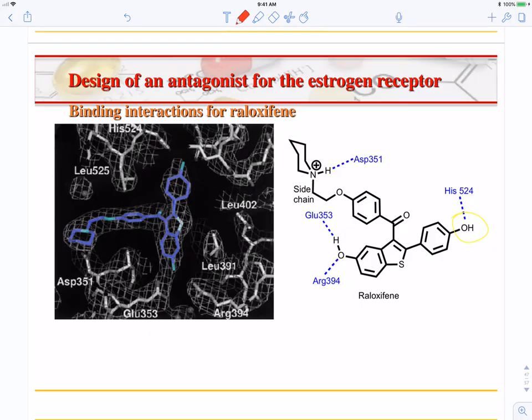How do we design an antagonist? Well, we want to conserve the same interactions as much as possible. So raloxifene looks somewhat like estradiol. It contains a phenol moiety that makes the same kind of hydrogen bond contact here with the polar residues.